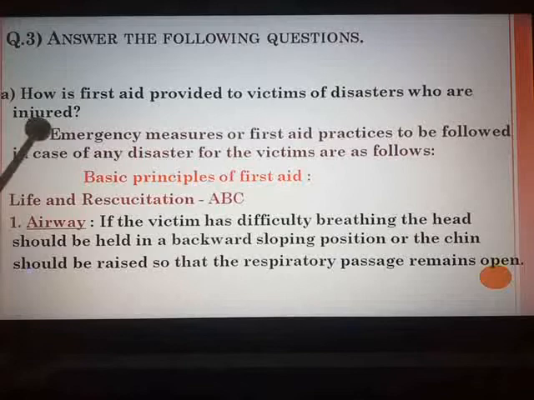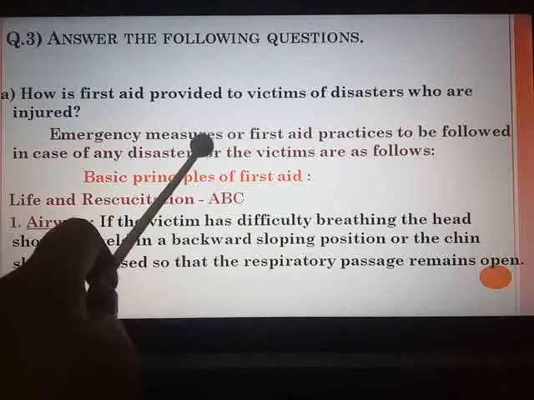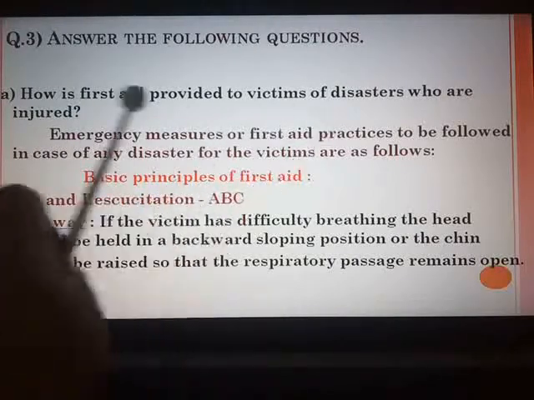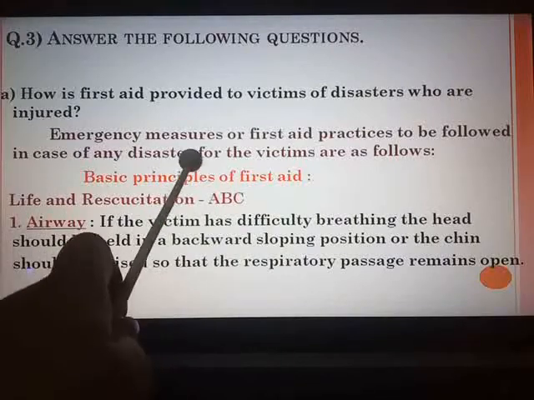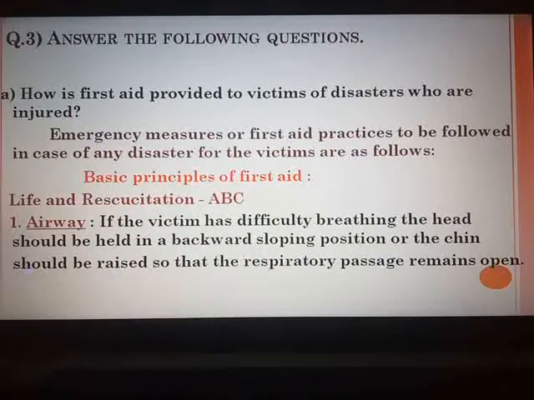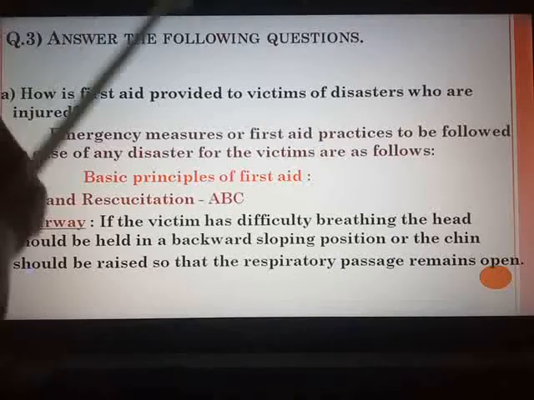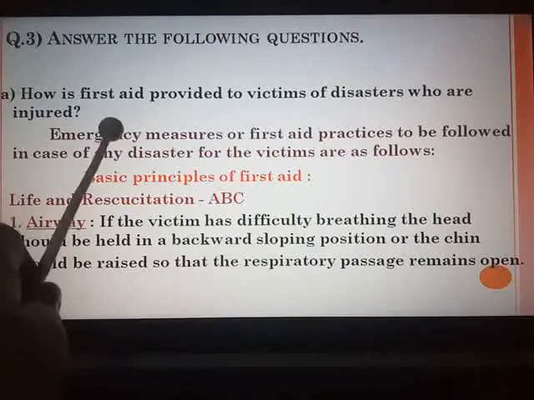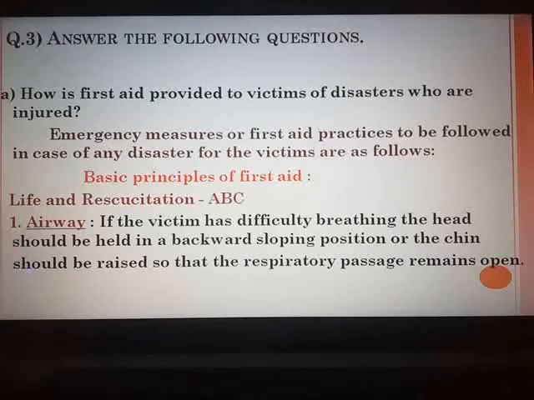So the first statement is, emergency measures or first aid practices to be followed in case of any disaster for the victims are as follows. Here this part you can mark on page number 105 above the heading basic principles of first aid. In the center of the page you have a blue colored heading, basic principles of first aid.